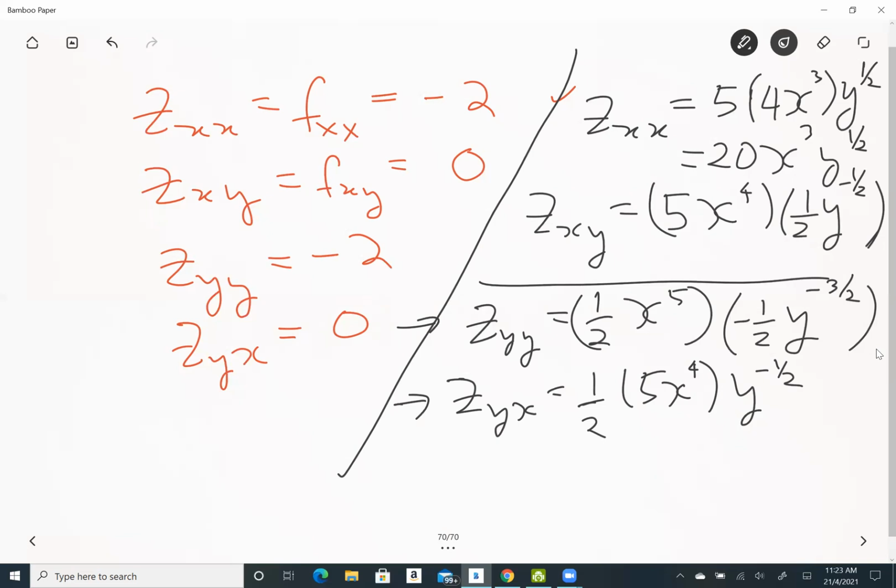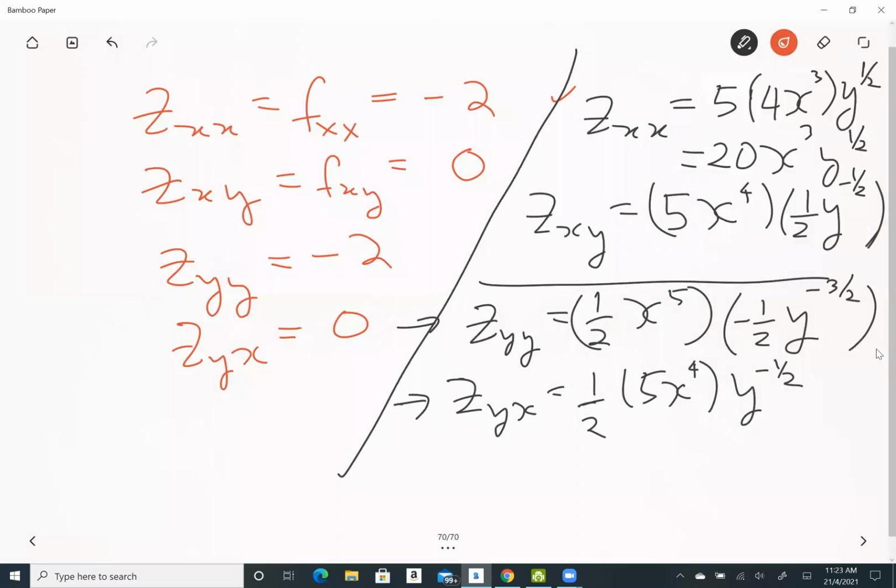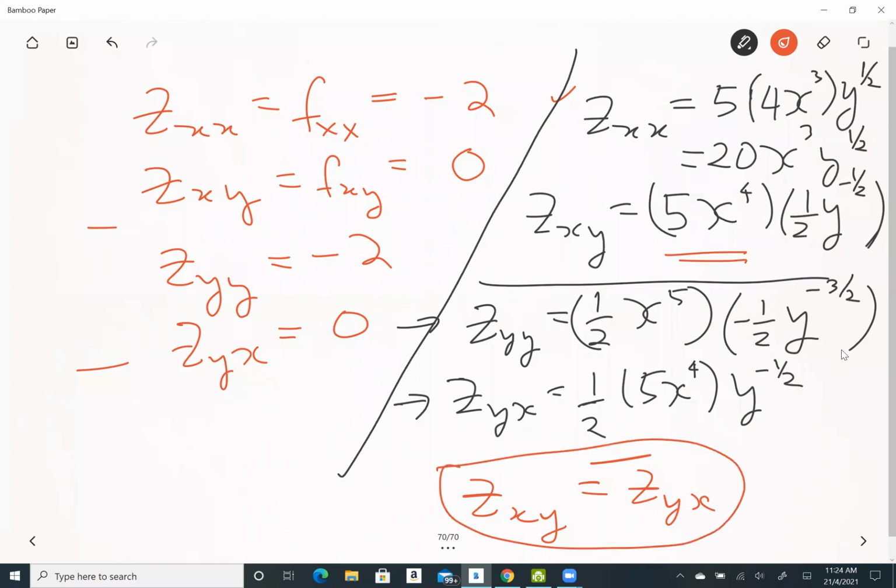Okay, for this example, this one, and that one. One rule is that zxy will be equal to zyx. If you do the second partial derivative, this must be true.